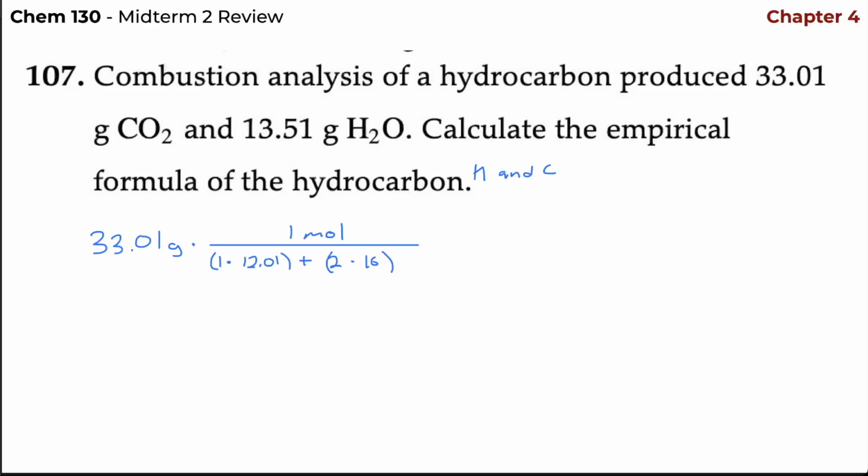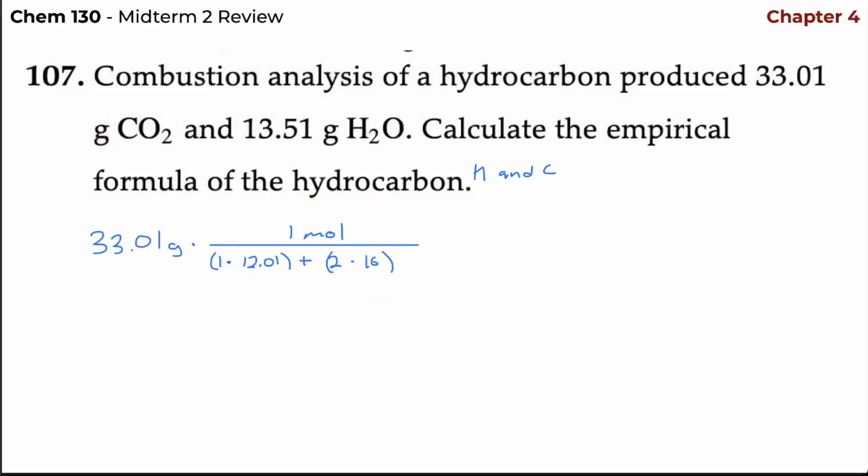So now we have how many moles of CO2 there were, right? Now for each mole of CO2, there's going to be one C and two O's. So we're only looking for one C, and guess what? We just found how many moles there were.